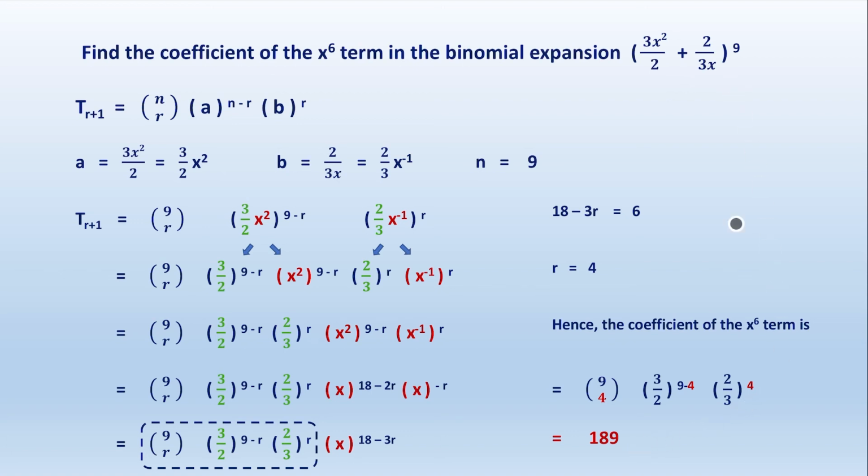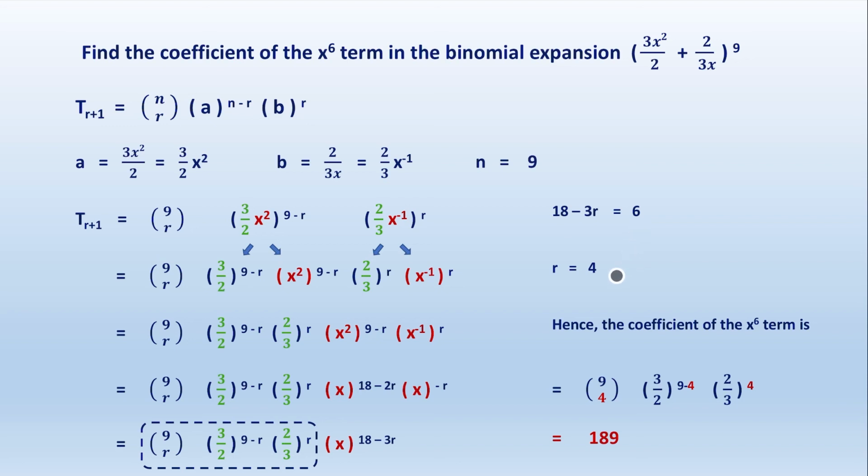One further variation of such a question could be to ask you if an expansion has a particular term, for example, x to the power of 7. In which case, every step is exactly the same, except that in this step here, we will equate 18 minus 3r to, let's say, if they ask you if there is such a term x to the power of 7, so you equate that to 7, 18 minus 3r equals 7.